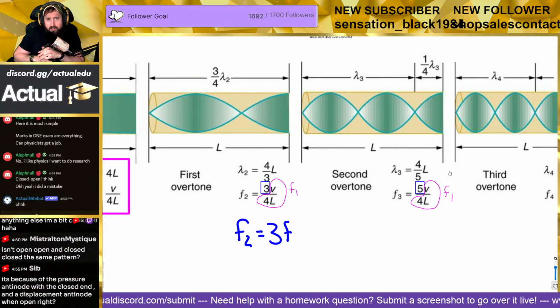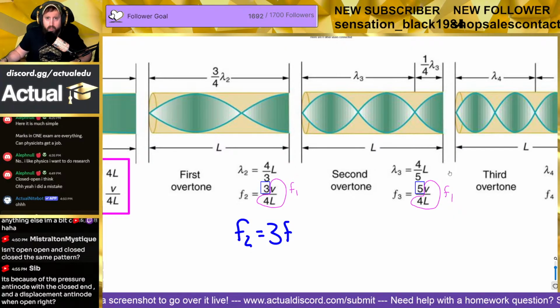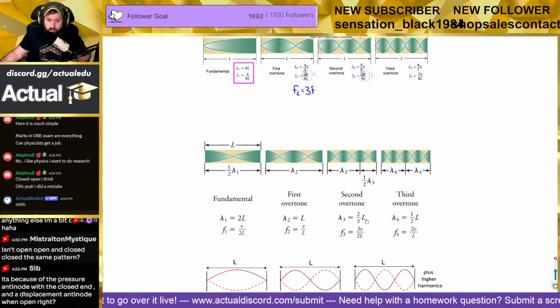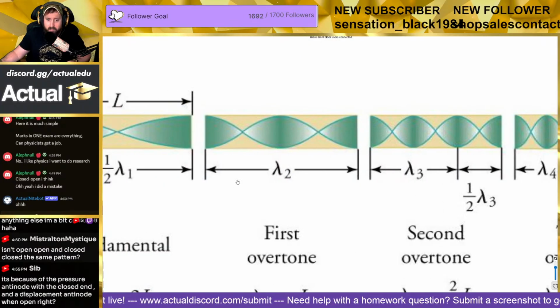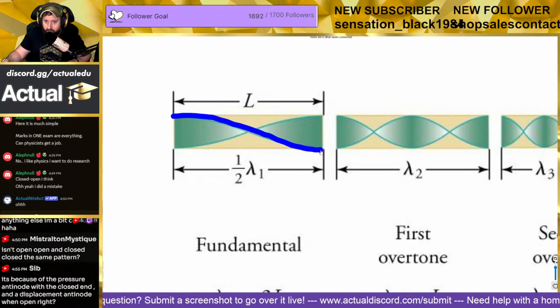It's because the pressure antinode with the closed end and the displacement antinode when open. Yeah. Well, with the closed end. Yes. Well, that's when it's open. So yeah, in the case of something being open, okay, now you need antinodes. And so the least amount of wave you can fit in there is when you have half a wavelength, right?